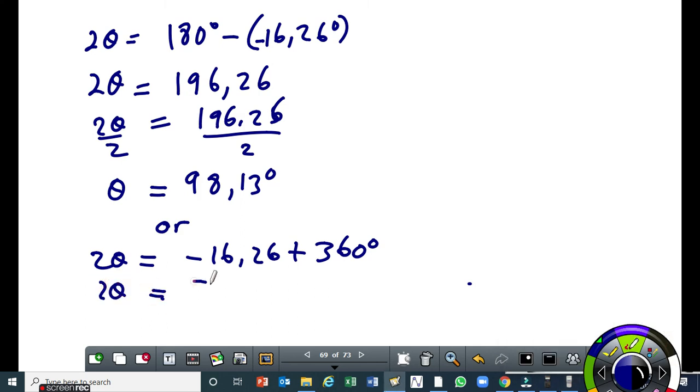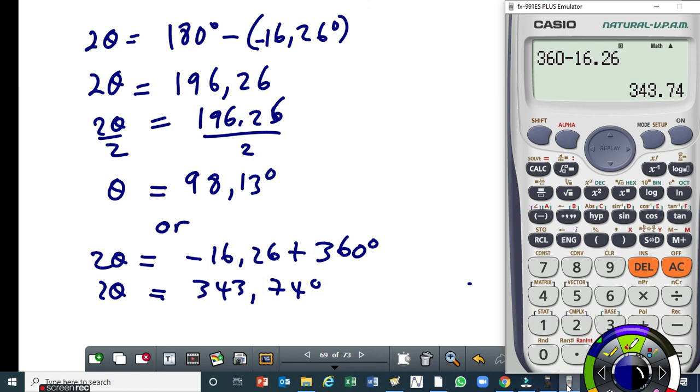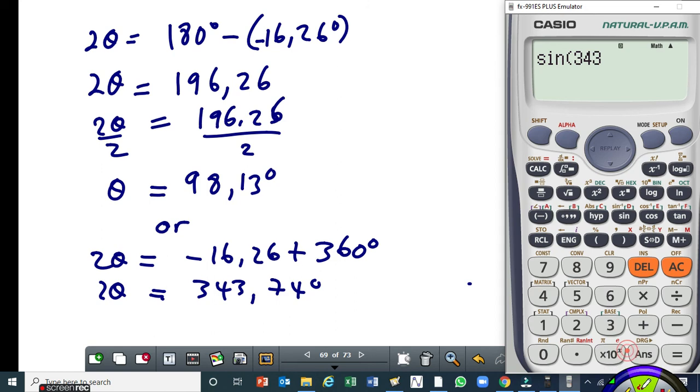So 2 theta will be 343.74 degrees. But I can verify if it's really correct. I can put this in the calculator. I must get the same ratio that I got with 196. So if I say sine 343.74, I'll get minus 0.2799, which is the same value that I got.